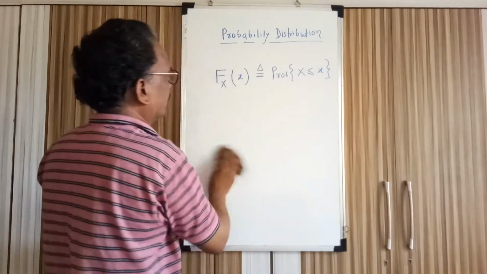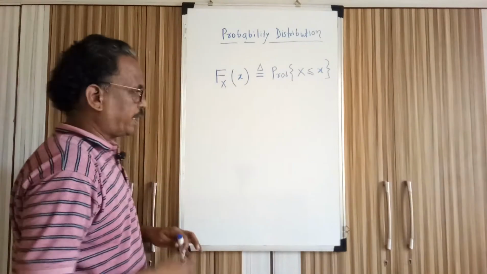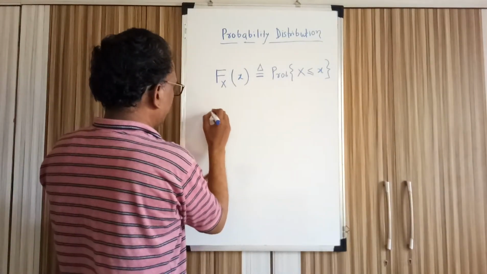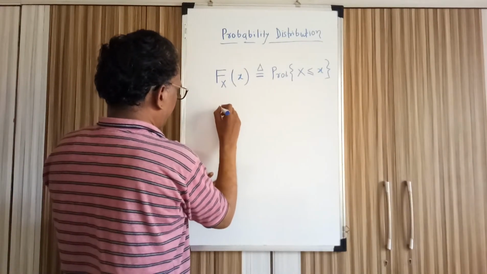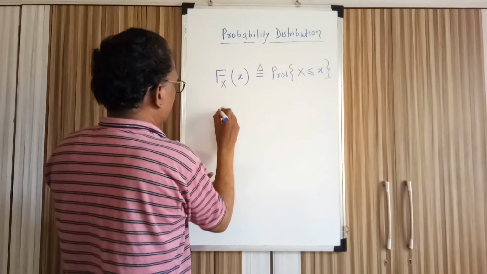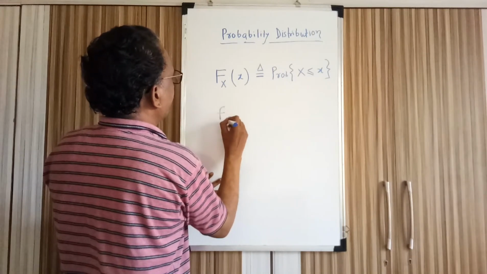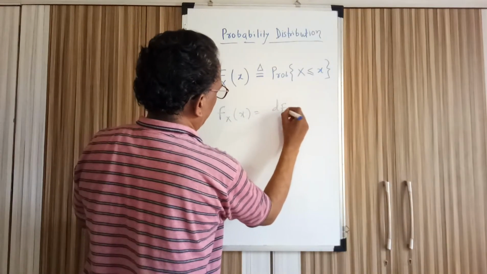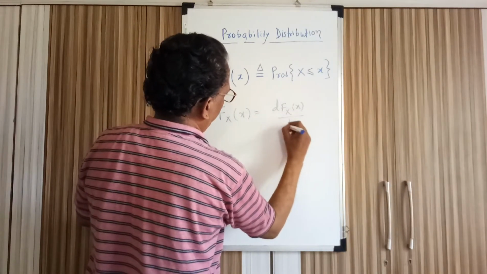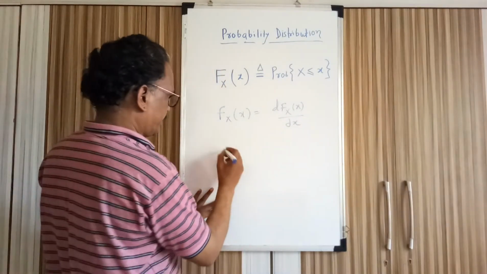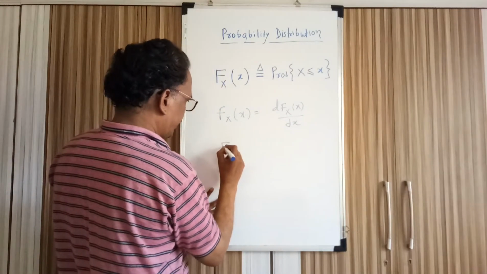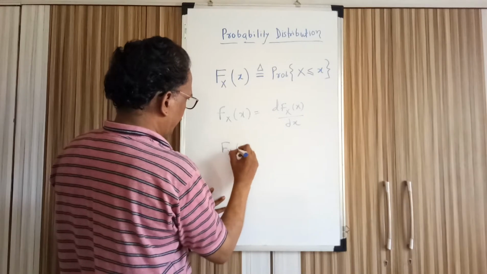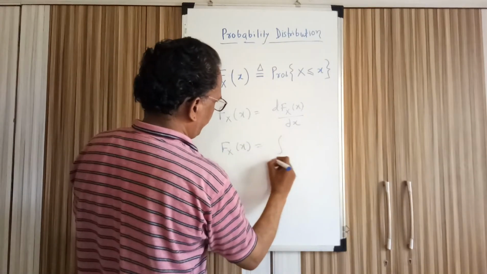Since I am having small fx of x, which is the differentiation of the distribution function, naturally the density function can be used to write the distribution function.